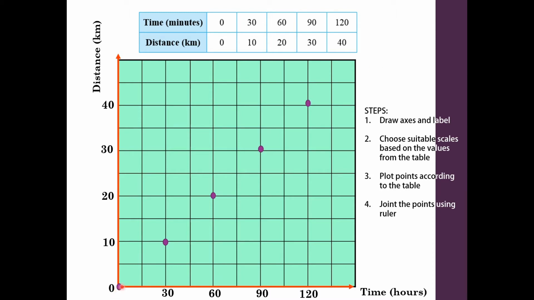As you can see, (0, 0), (30, 10), (60, 20), (90, 30), and the last one (120, 40). So plot the points, and lastly join the points using a ruler. So we have a straight line. This is our graph for this example. Just remember the basic thing: the vertical axis is for distance and the horizontal axis is for time.